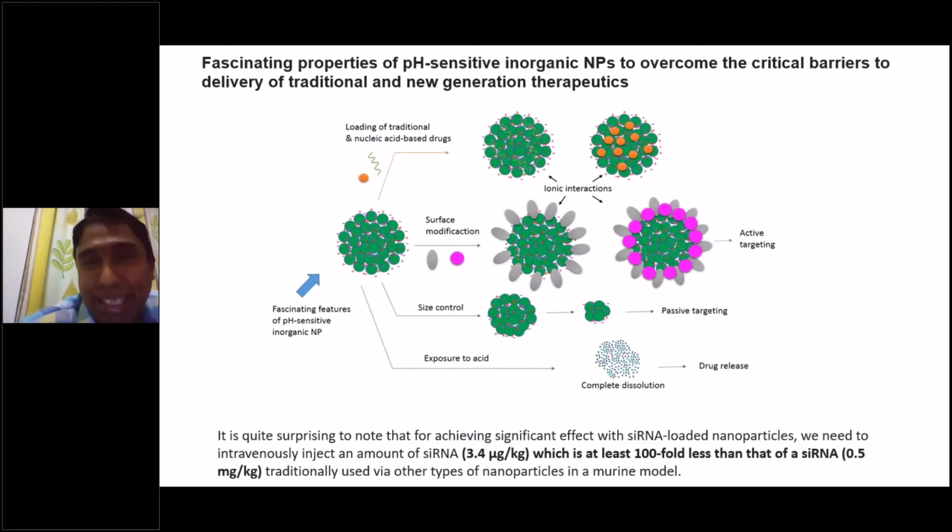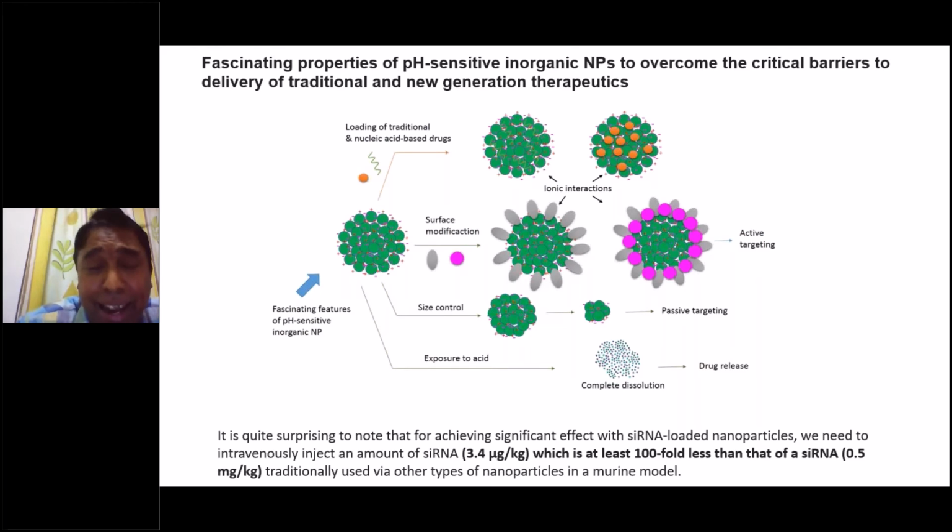Even though they are the simplest nanoparticles, they did not receive the attention of researchers. Researchers focused on liposomes and polymeric nanoparticles, while inorganic, non-biodegradable particles were not focused on.